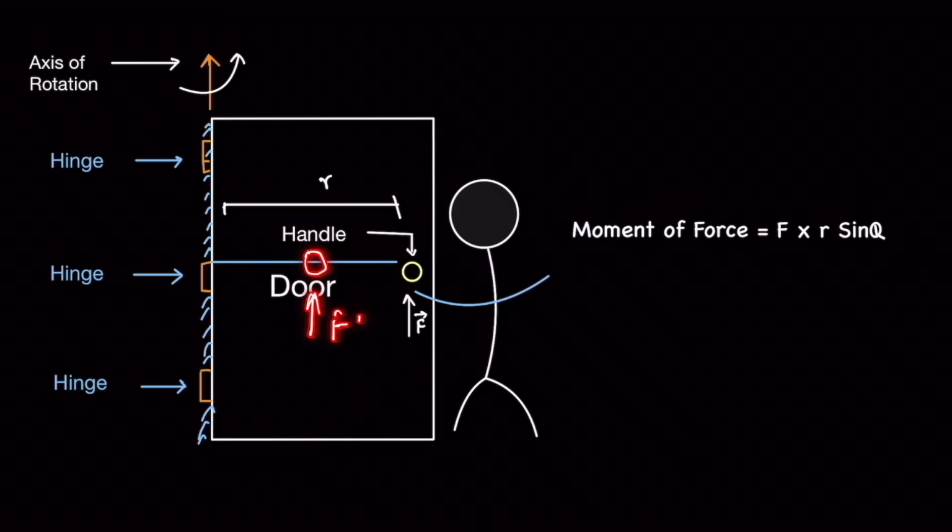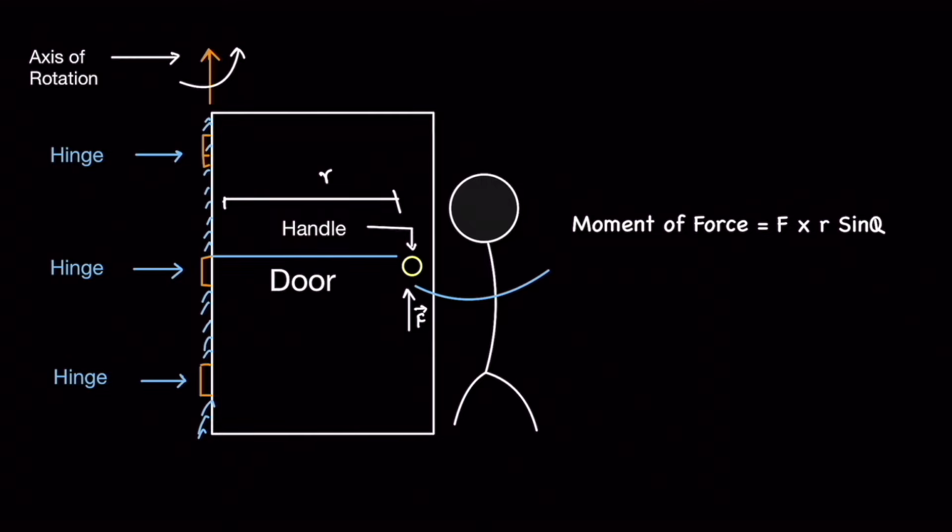The force value will increase. Because if we have to close or open the door, the moment of force has a fixed value. So if the moment of force has a fixed value and you change the R value, the F value will also change. Let's take an example.